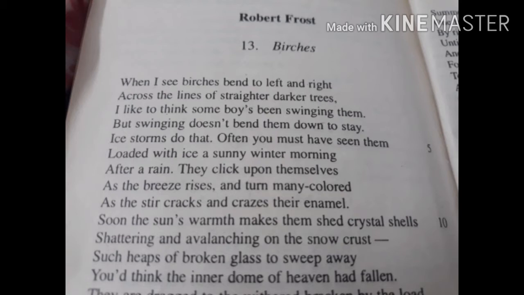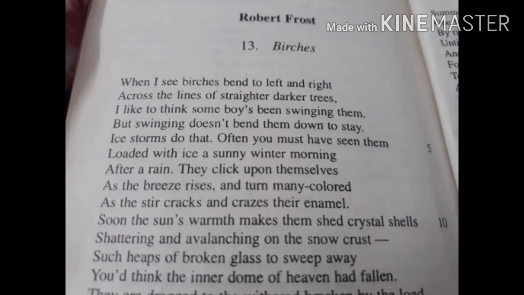Now you see, there is a line, one after another, the birch trees are standing, but in between, some trees have bent their branches towards left and right due to the heavy load of ice storms. Then the poet imagines that when I see a straight line of birch trees, and some branches of some trees are bending towards left and right, I like to think some boy has been swinging them.